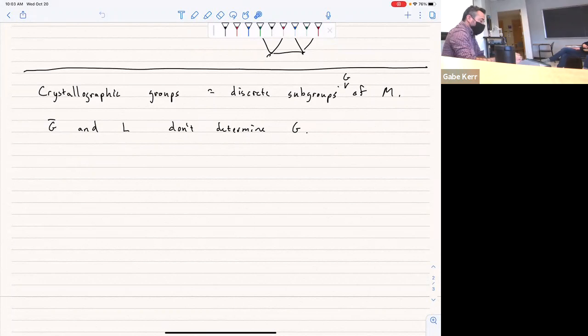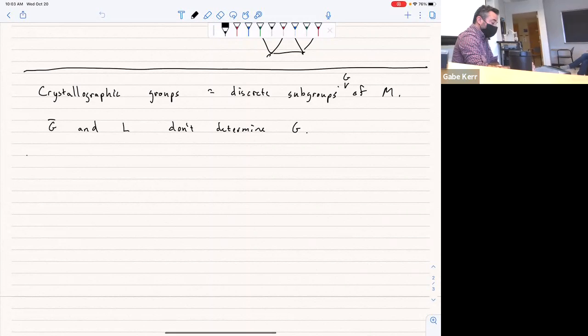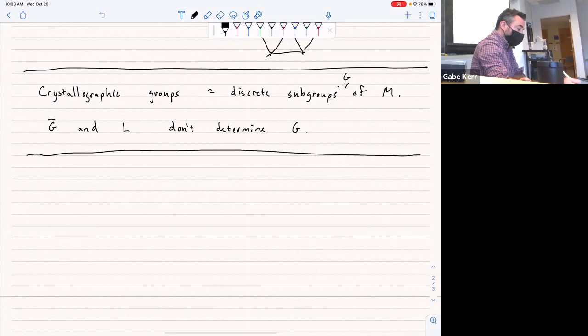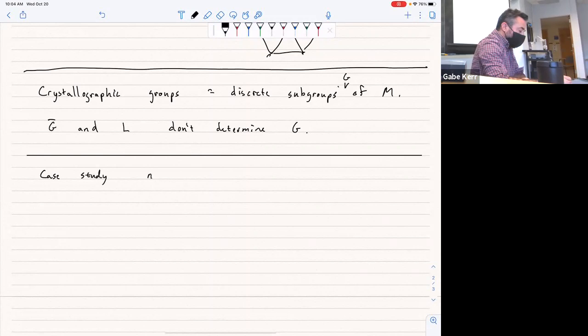All right, but what he does in this section is he focuses on the case where n equals 4 from the last classification. So this is sort of a case study.